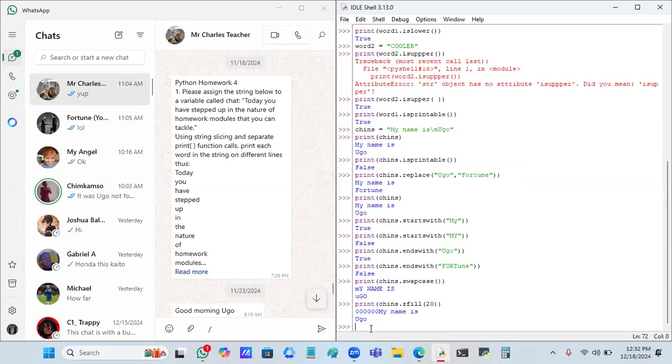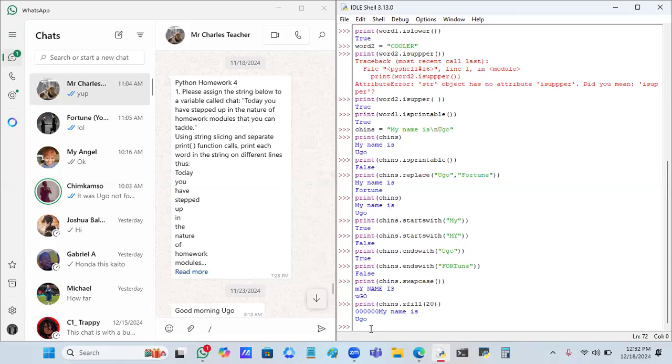Was that not the number of zeros left for us to have everything complete to be 20, sorry? If you count, let's count it together. 7 zeros, then count 7, 8, M is 8, Y 9. The space is 10.